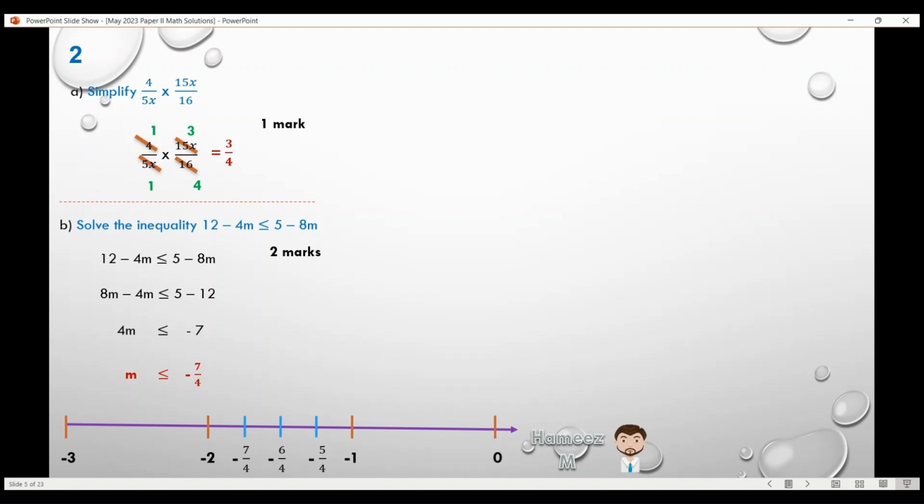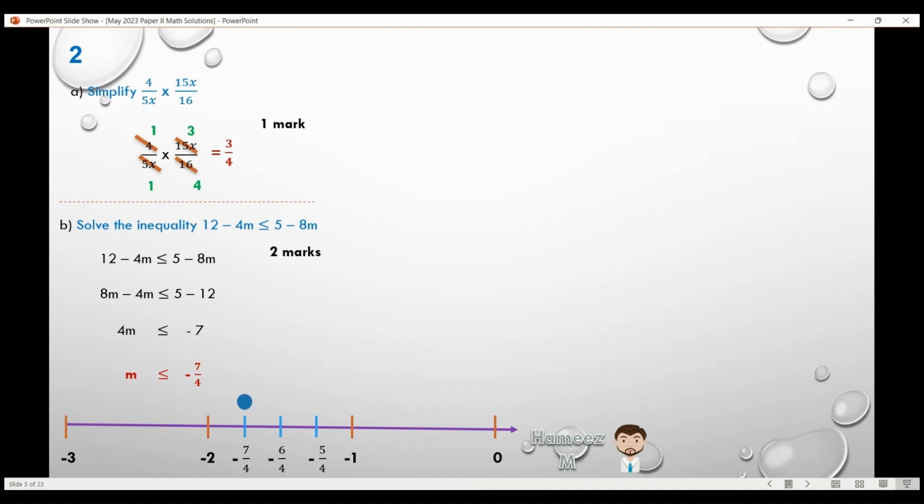So if we're saying it is minus 7/4, that's a key value. So we could put a circle there to indicate that. And it's saying that m is equal to minus 7/4. If it's equal, when we're dealing with inequalities, then we have to shade that circle. And now it's saying it's not just equal to minus 7/4, it's also less than minus 7/4.